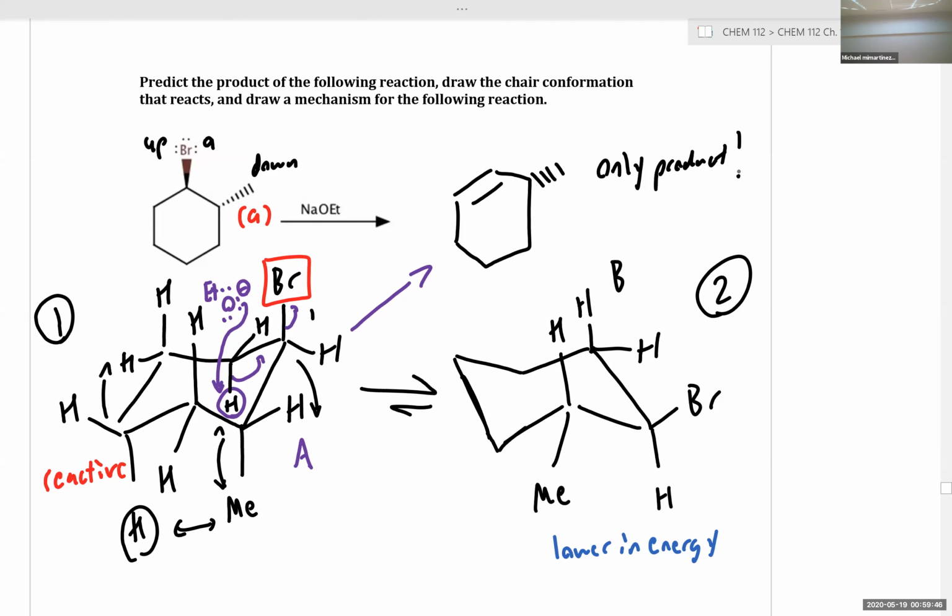So notice how a subtle change in stereochemistry results in a substantial change in the regioselectivity of our E2 reaction.